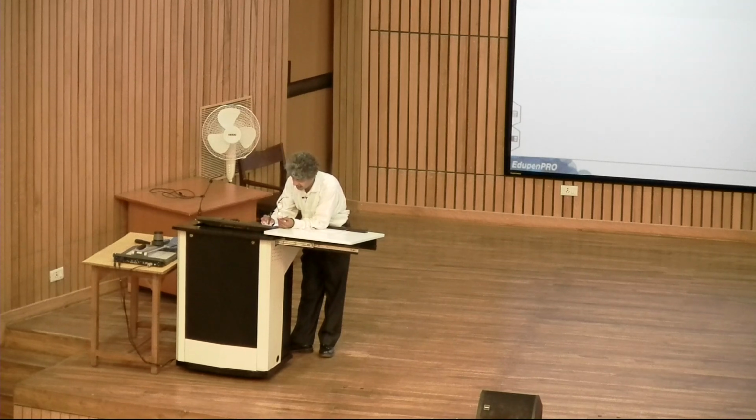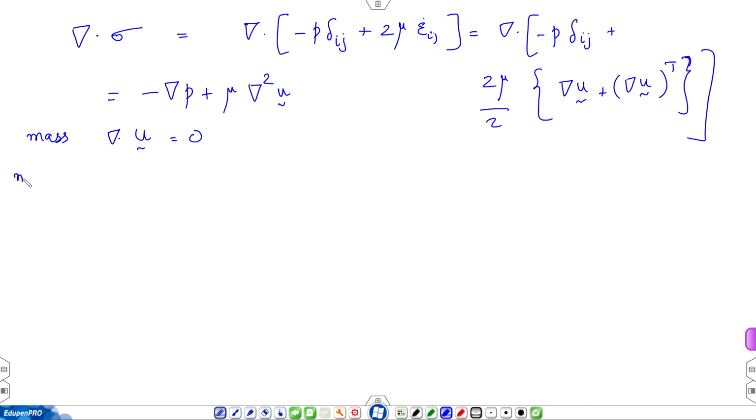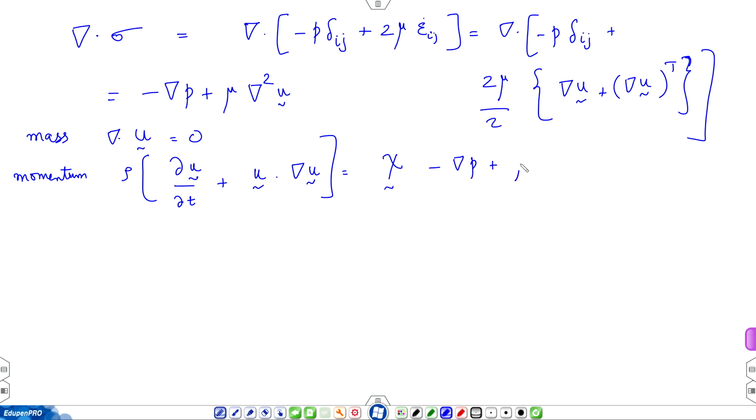Now, substitute del dot sigma in the momentum equation. So, let us write down mass and momentum. Okay.